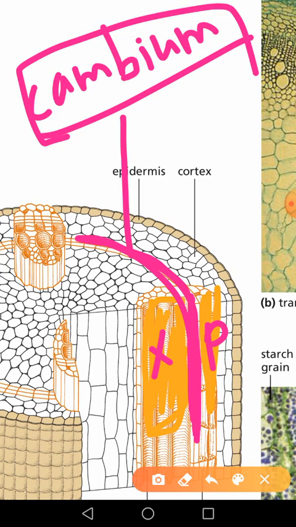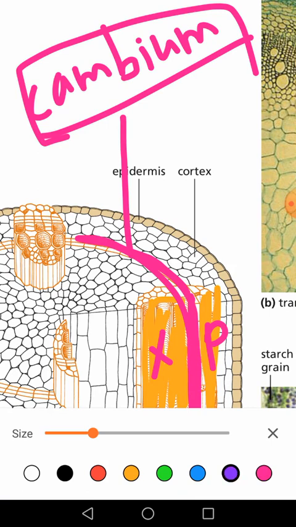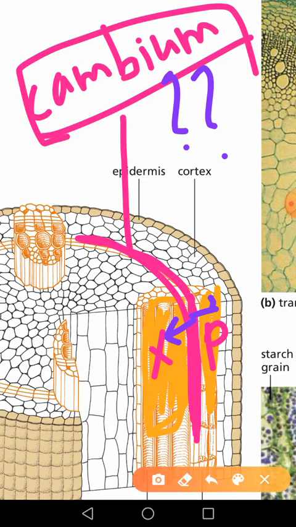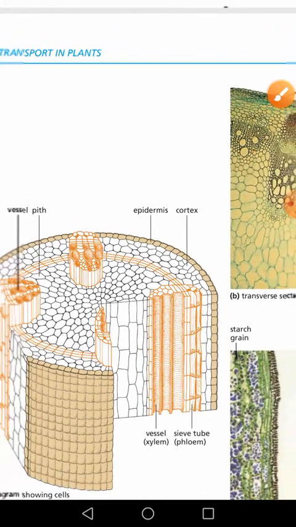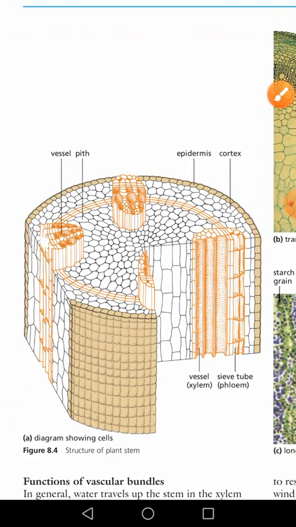So the function of these cambium cells is to produce new xylem and phloem when required.